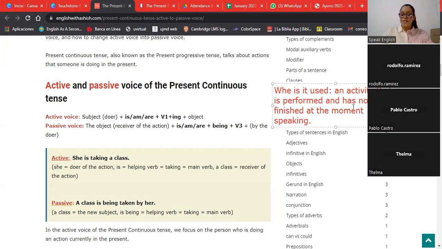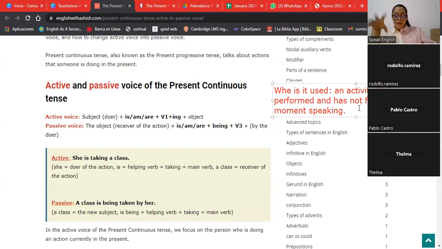Actually, over here, Rodolfo, you used the passive voice. "That is performed." We don't know who, right? But this is basically the passive voice of the simple present, okay? And "has not finished." In this case, this is another verb tense.